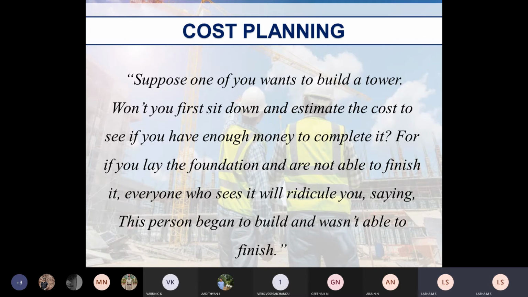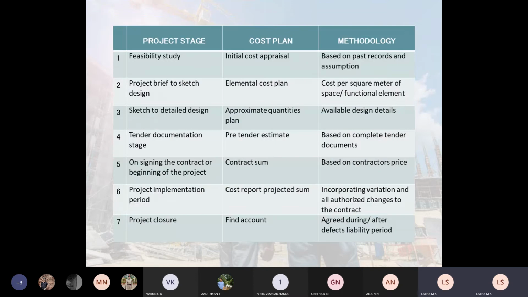You have money, you want to construct a tower, and that money is spent only on the foundation, not able to develop a superstructure, and people will start commenting. People means who? We, the people, will start commenting. He could not finish the construction. He took up the construction royally, but was not able to do it.